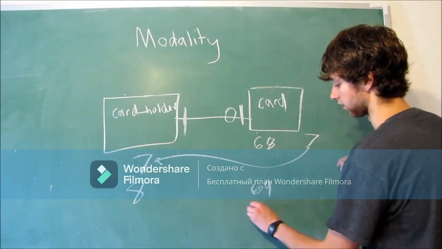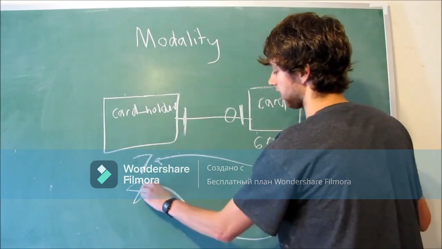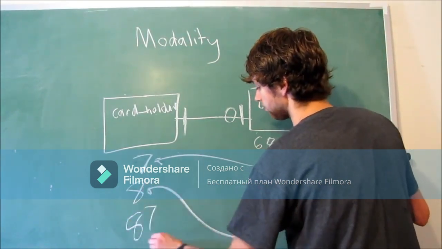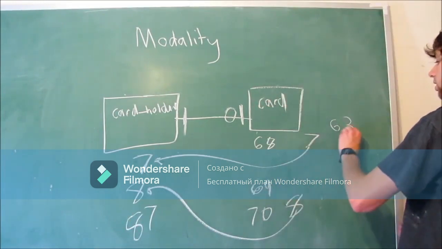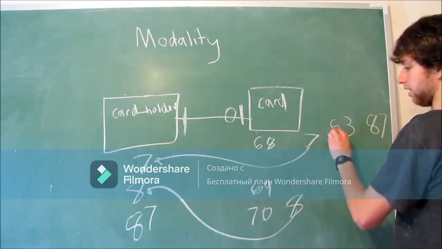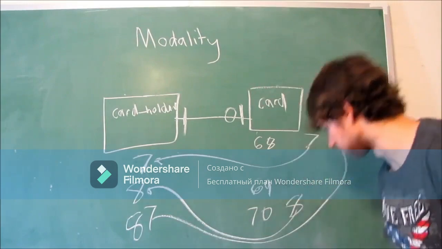That's fine. We could have another card 70, and it can have the owner 8, which points back to 8. And then we could have another person, which could be 87, and we could have a card 63, which has the owner 87, and that points back to the owner 87. So that's how those relationships work.